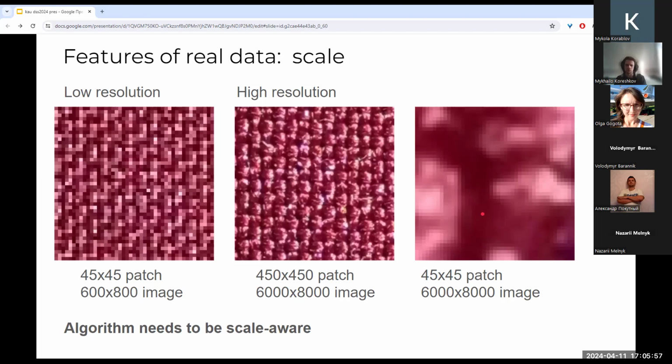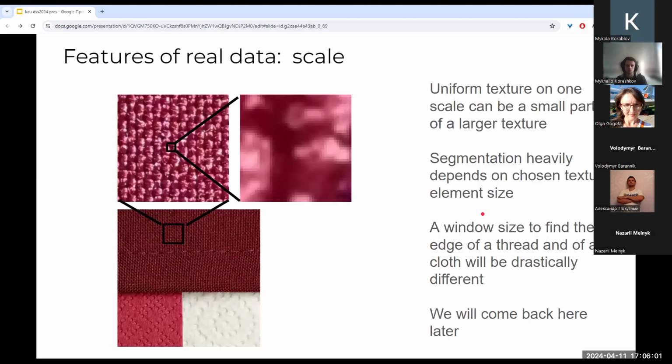As one paper told, depending on the scale, a single uniform texture on one scale, for example here, where we can see edges between different stitches and different threads, is actually a part of a larger structure, a larger texture. So every time we are working with texture, we need to remember the physical background of what it is.